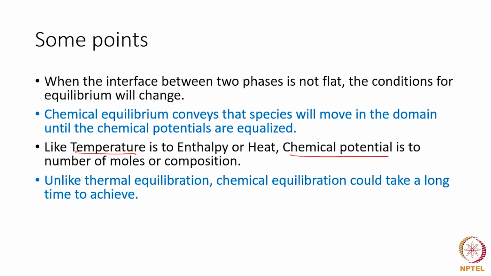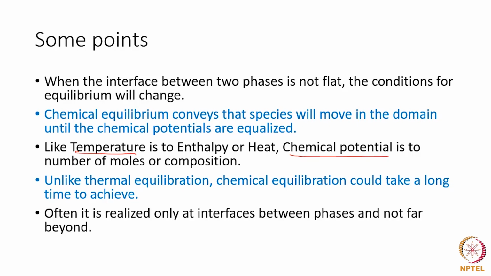And very often we are happy if we have the equilibrium at a location, and we call it a local equilibrium. The time scales could be several orders of magnitude different. That is, chemical equilibration can be 10,000 times slower compared to thermal equilibration. So often the chemical equilibration is realized only at the interfaces between the phases, so it is basically a local equilibrium. It's only a local equilibrium that we are going to be satisfied with.